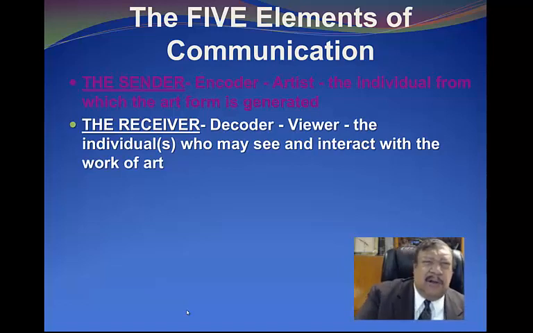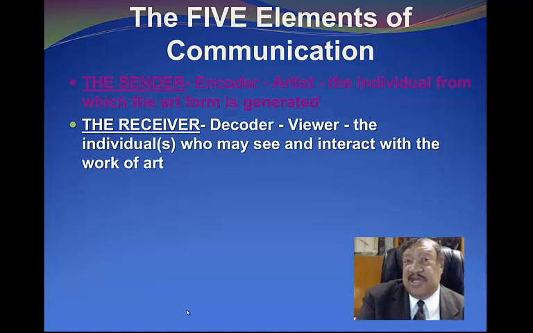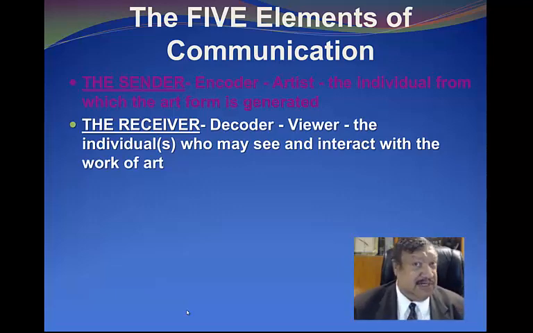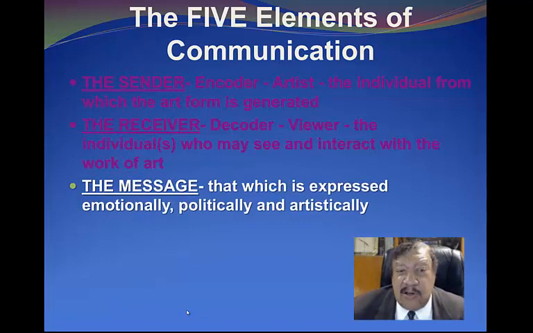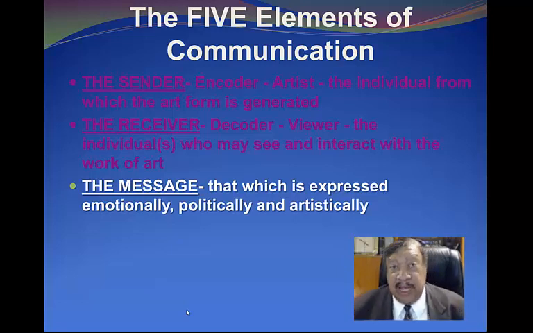Now, is it possible for the receiver to get the wrong message? Absolutely. Is it possible for the receiver not to receive the message at all? Absolutely. The third component of the communication process is the message. You must have a message. You can have an artist and a receiver, but if nothing's on the canvas, then it's just a piece of canvas.